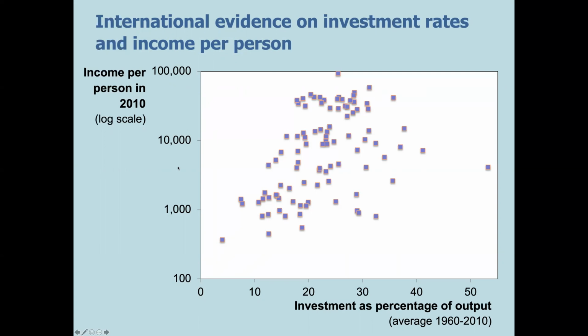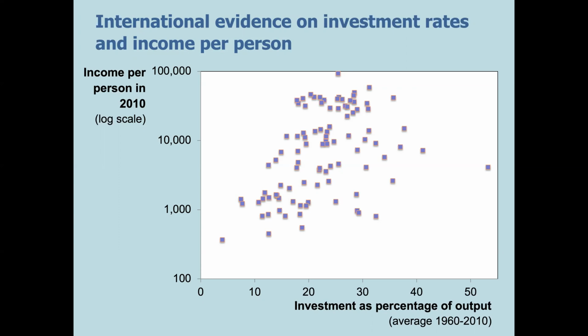Oh, I'm sorry, on the horizontal axis this is not little i. This is little i over little y, or rather little s: investment as a percentage of output on the horizontal axis. And on the vertical axis, I've got income per person, which isn't quite the same as income per worker, but it's pretty close.